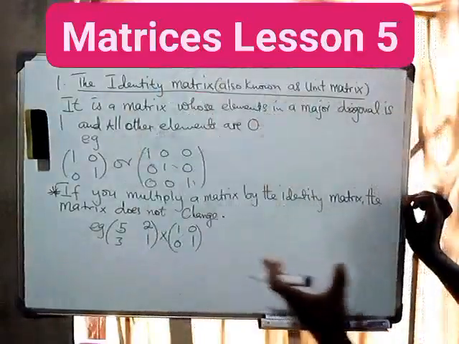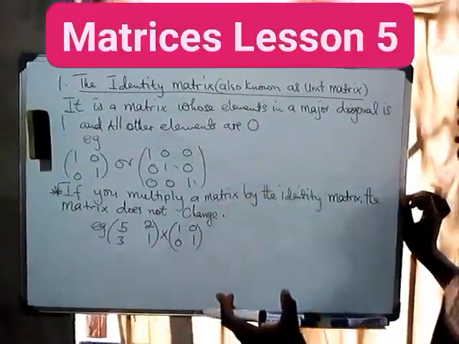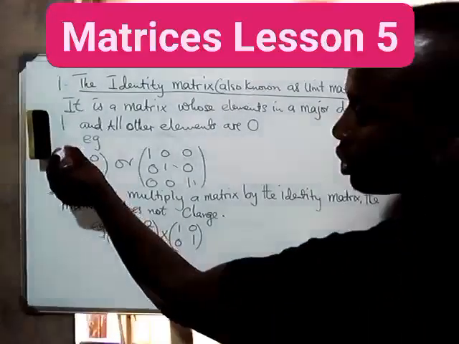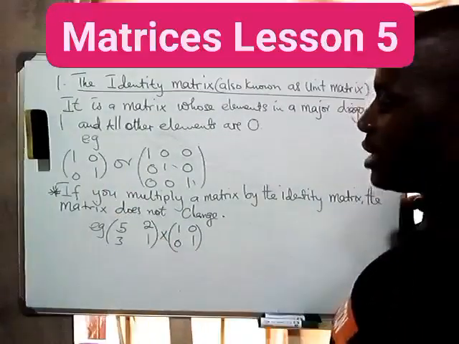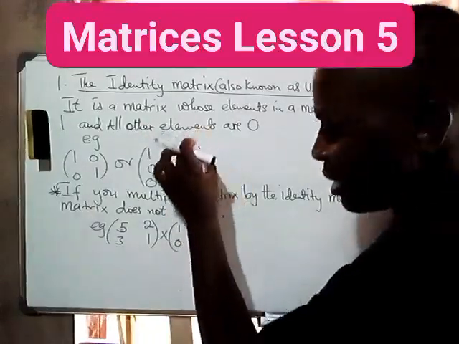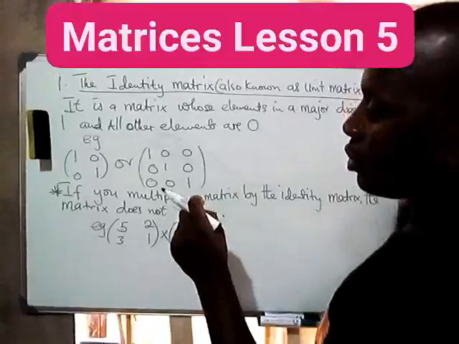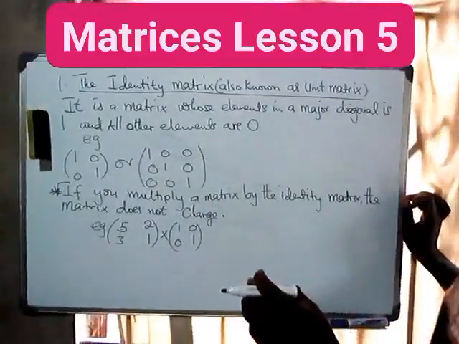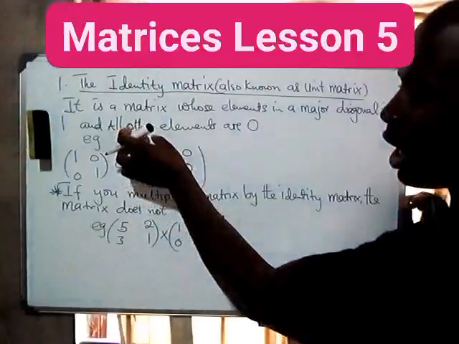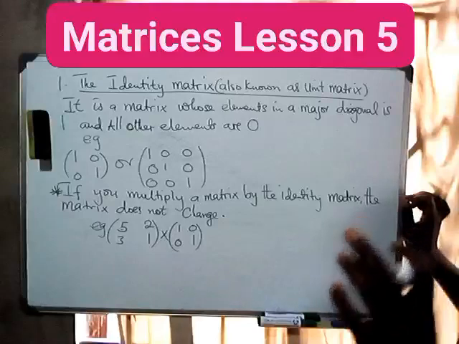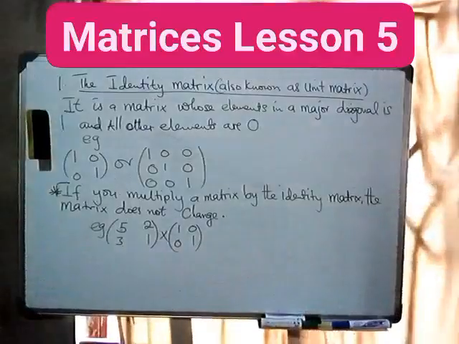And the remaining elements are all 0, whether in the minor diagonal or in other columns, they should be zeros. So that is what an identity matrix is all about.